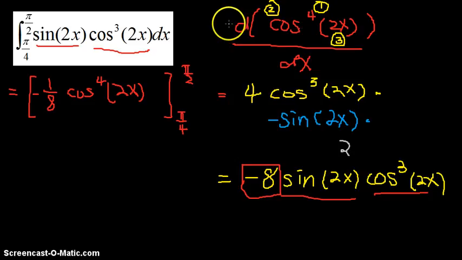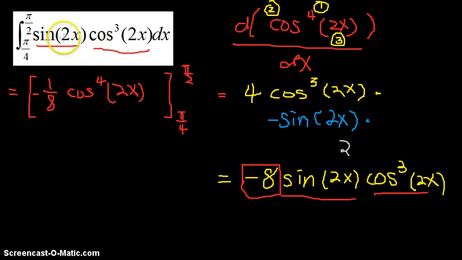Since we know this is power of 3, to go up a level we should have a power of 4. That's the reason I put down the 4 there. When I differentiate cosine 2x to the power of 4, that gives me something very, very close to what we wanted.